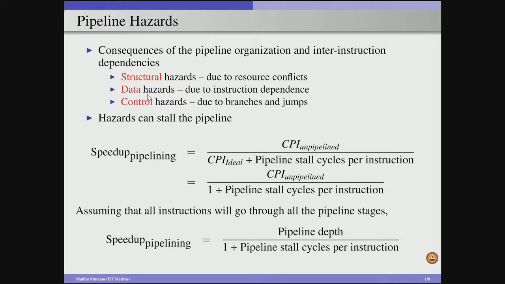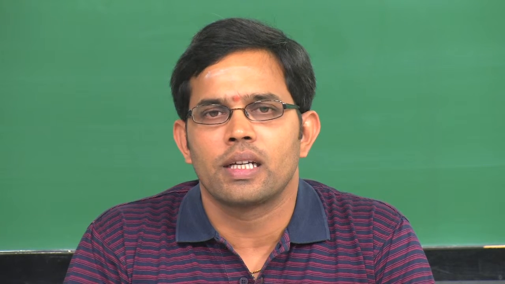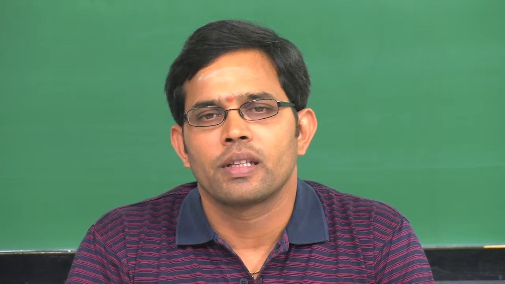So, if more stalls are there, then the speed up will be degraded significantly. If you want to come up with an efficient pipeline design, we have to ensure that the number of pipeline stall cycles is minimized. If you reduce the pipeline stall cycles per instruction, then automatically we can improve the speed up.